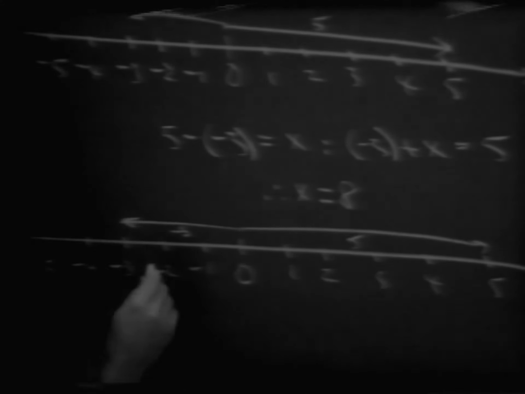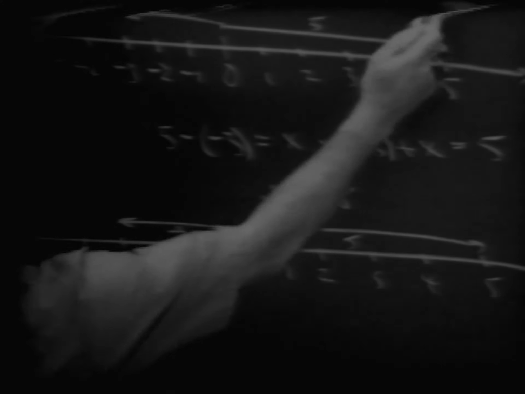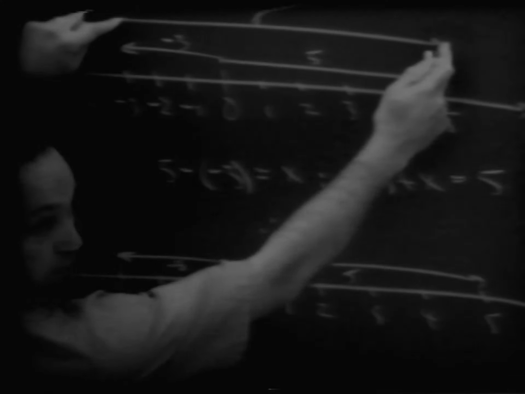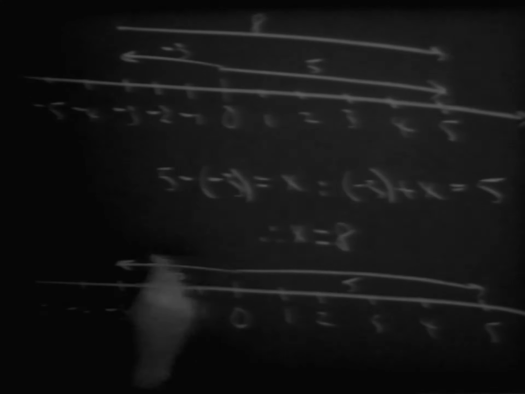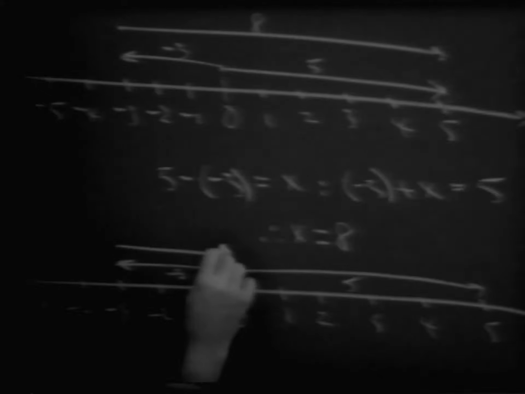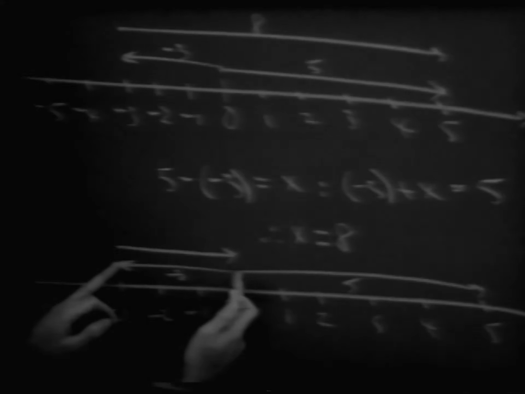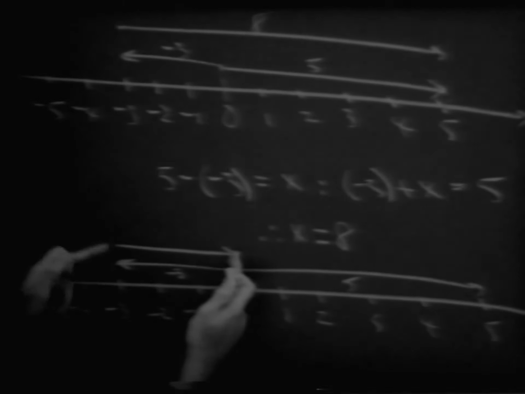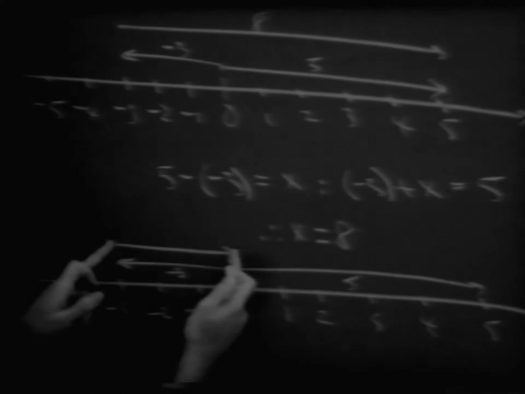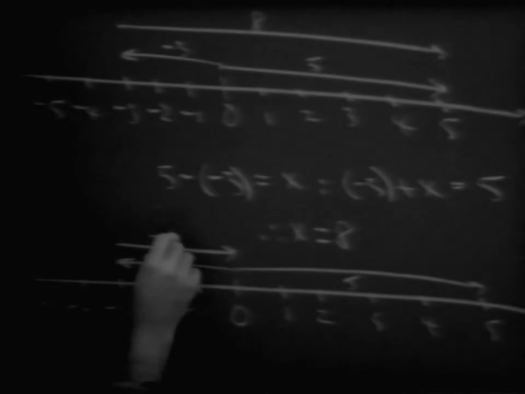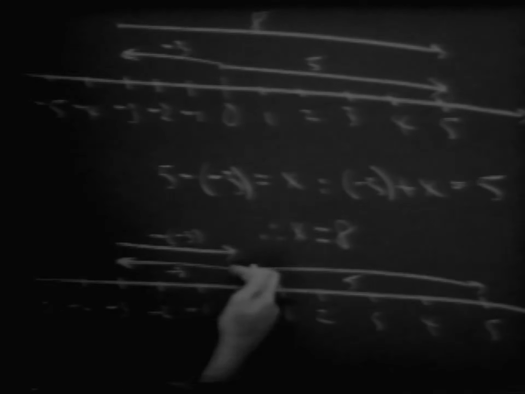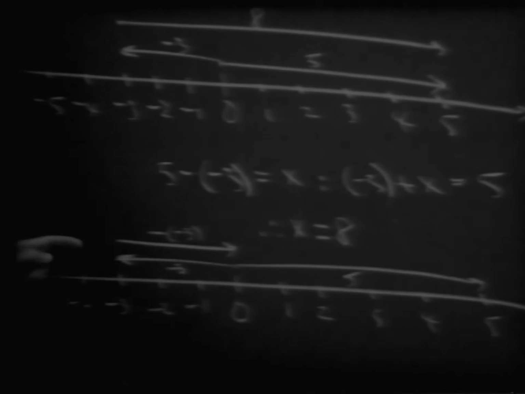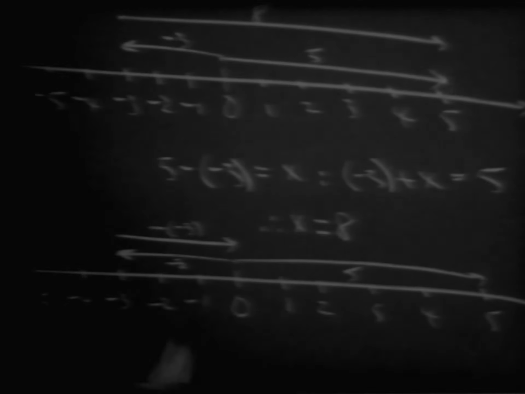Now, let's look at this arrow, which is of length 8 and in a positive direction. Is that right? And I think you'll agree with me that we may think of that as this arrow, which is a name for what number, associated with this arrow from negative 3 to 0? Let's write it as the opposite of negative 3, right? Because if this is negative 3 in this direction, in the opposite direction we call it the opposite of negative 3.